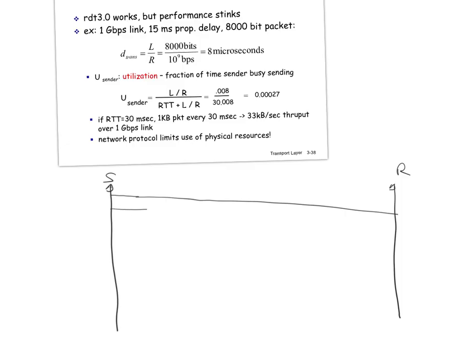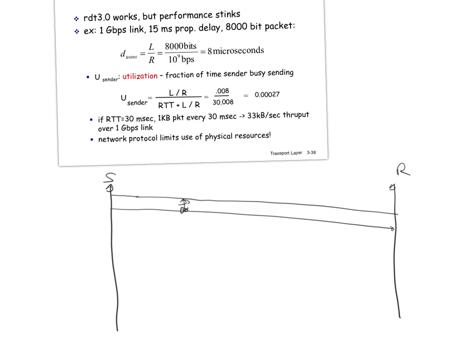So it can be represented like this. This width is the length of the segment, or it's proportional, because this is time, the length is proportional to the transmission time. So this is the transmission time of the segment.